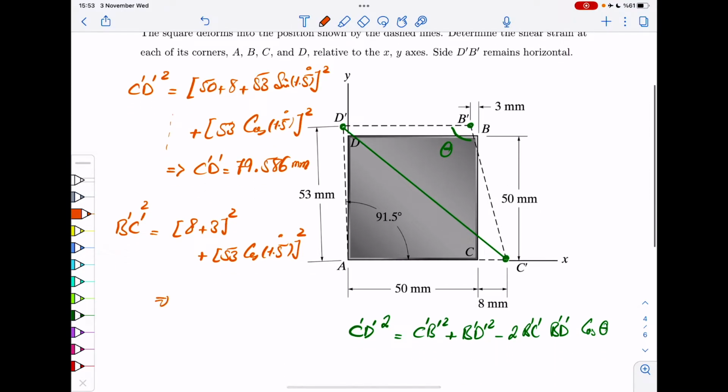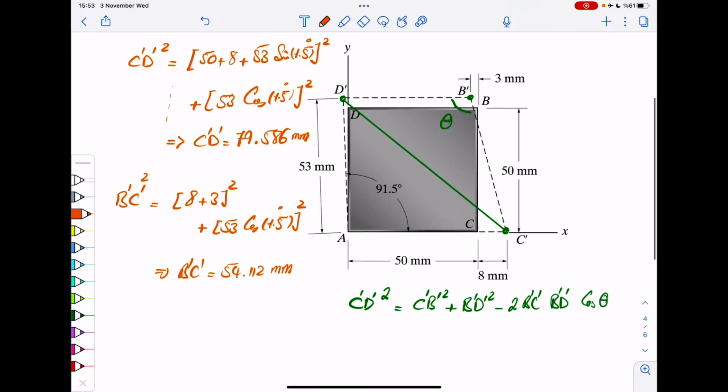And from that you get B prime C prime to be 54.112 millimeters.